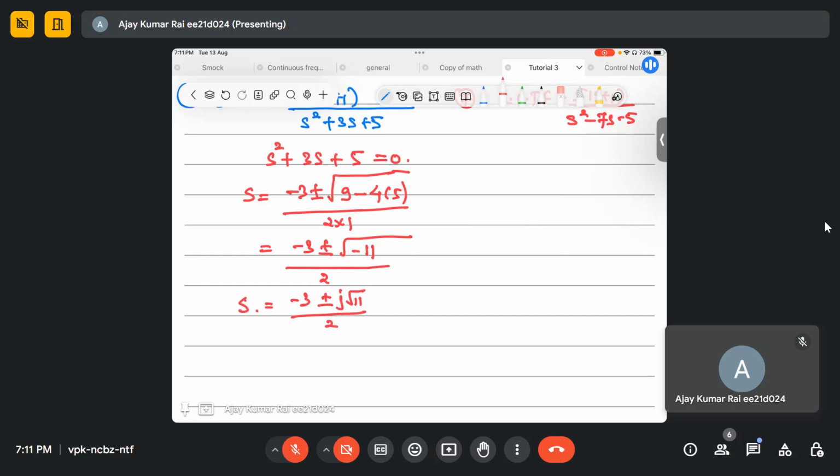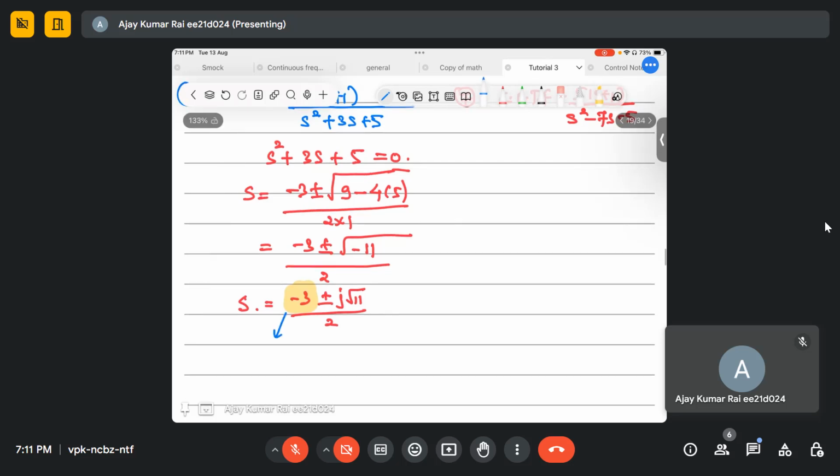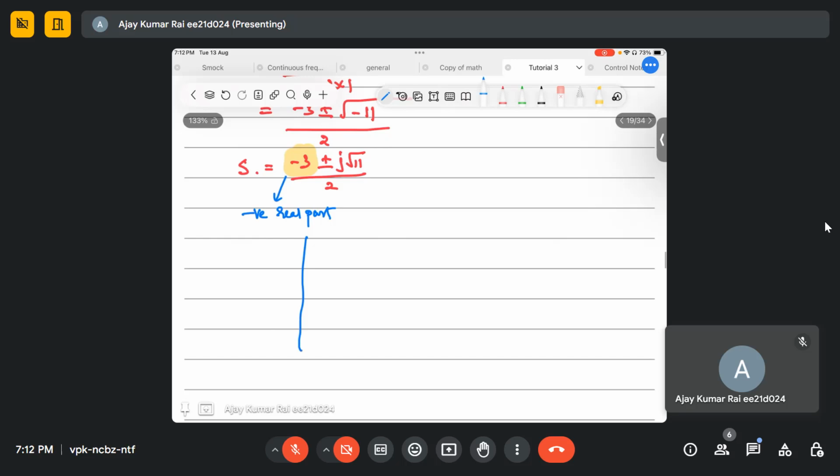So you can see here this term is a negative real part. Let me just draw where the poles will be, somewhere here. This will be minus 3 and this will be root 11.